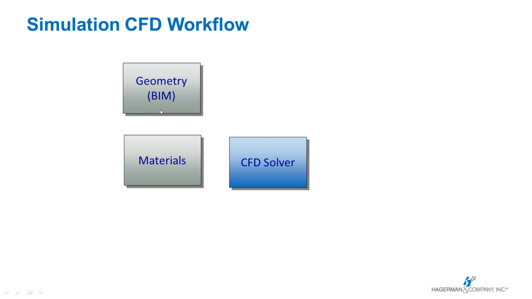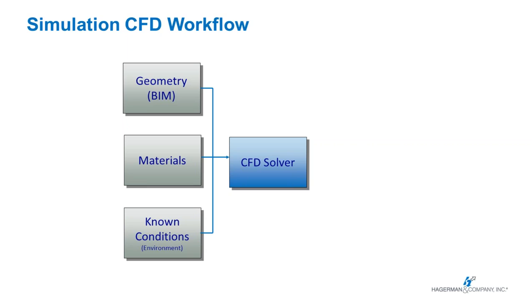If we can create some kind of 3D model, and we know the material properties of what that thing is going to be made out of, whether that's glass, brick or wood, and we also know the boundary conditions, things like inlet flow rates, and whether we have any solar loading on windows, those are the 3 pieces of basic information we need. We put those into the solver, and we get the metaphorical answer, number 42, out of it. The 42 means the answer to the ultimate question of the meaning of life, the universe, and everything.